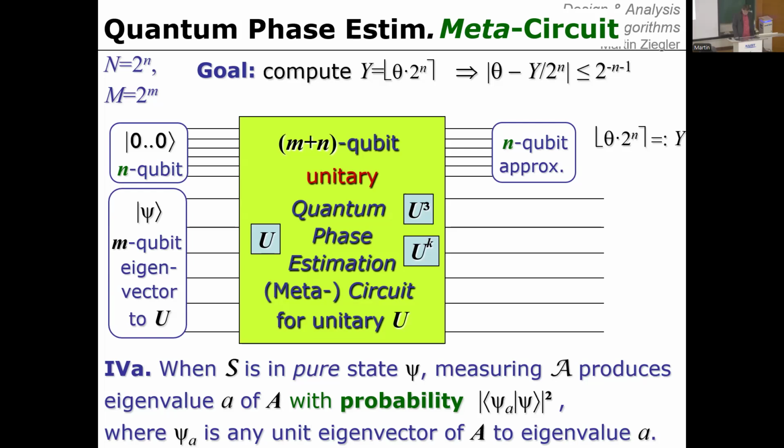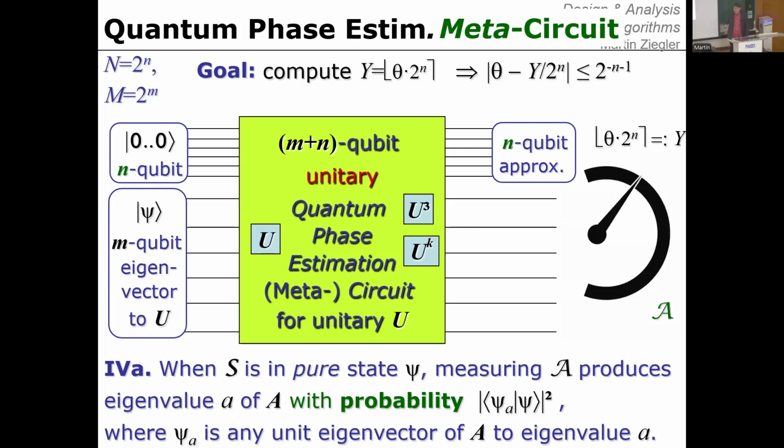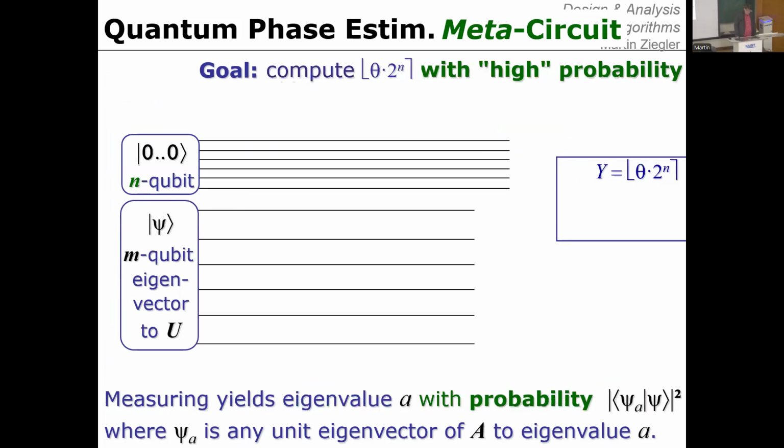That's sufficient precision. And then at the end, we make this measurement, which determines, in particular here, this y. At least with high probability, because remember, everything in quantum mechanics happens with some intrinsic probability according to this axiom.